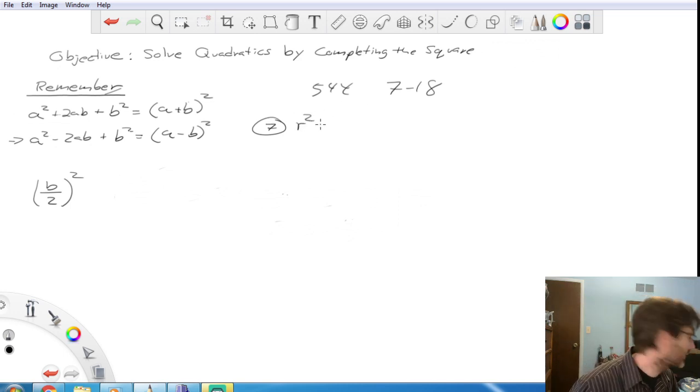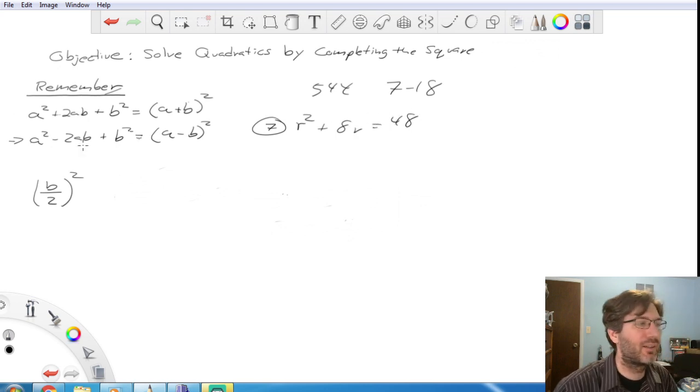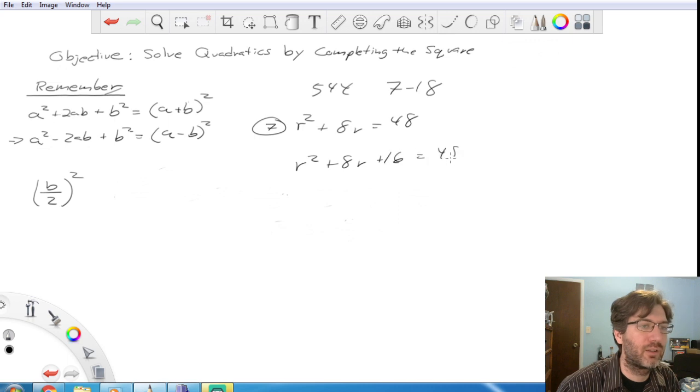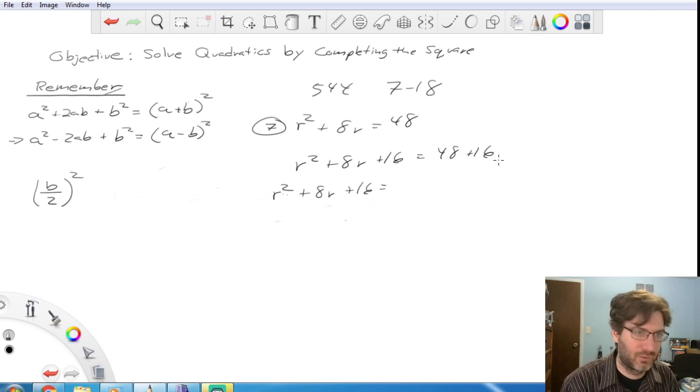R squared plus 8r equals 48. Again, you're going to do half of b, which is 4. 4 squared is 16. So this is r squared plus 8r plus 16 equals 48 plus 16. 48 plus 16 gives you 64.